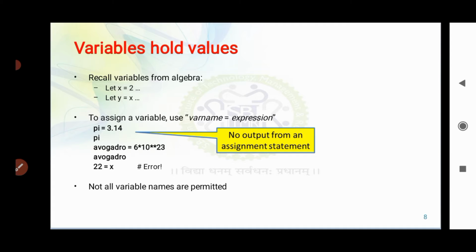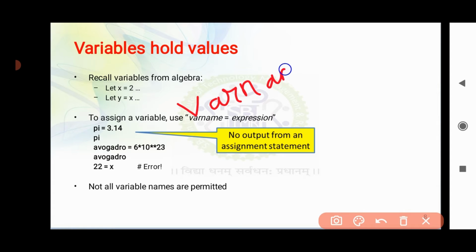Now let us see how exactly different variables hold values in Python. As we learned in algebra, we know how variables are used to hold values. Generally, to assign a variable, we use the syntax: variable name is equal to an expression, that means whatever value we have to assign to a particular variable.